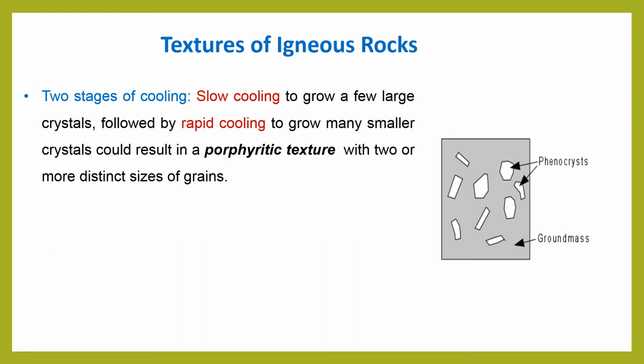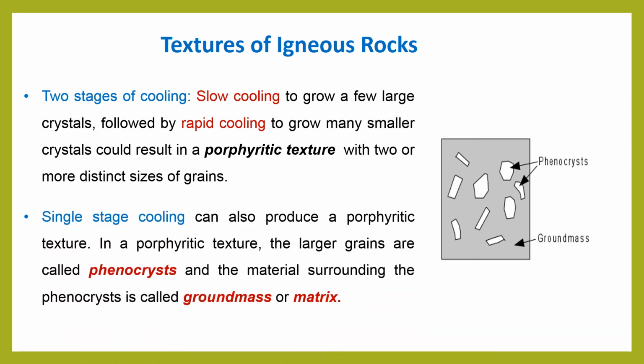Okay, let's see what kinds of textures we have in igneous rocks. Sometimes we have two stages of cooling: slow cooling, which allows growth of a few large crystals, followed by rapid cooling to grow many smaller crystals. This will result in a porphyritic texture with two or more distinct sizes of grains, smaller ones and larger ones, as you see from the figure.